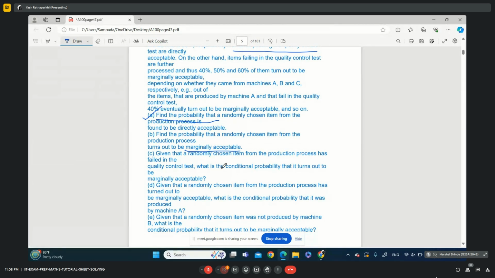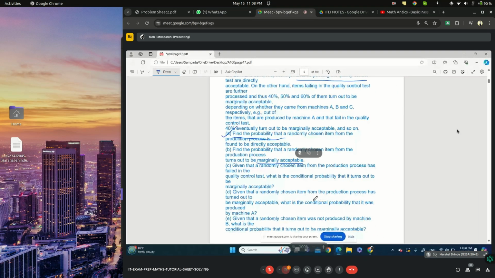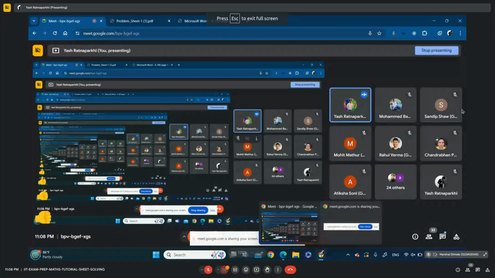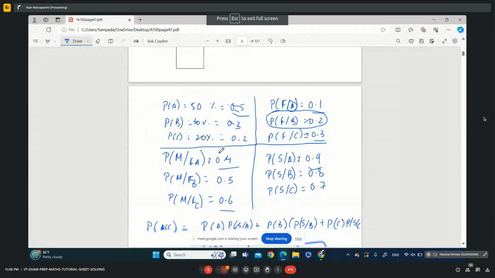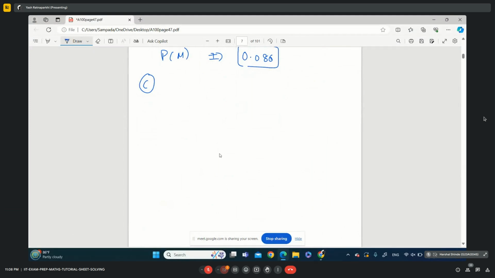Then what is the conditional probability that it turns out to be marginal acceptance? Basically, although it has failed, we need to find the probability of acceptance. So in the third case, we need to find the probability of marginal given that it is a failure.